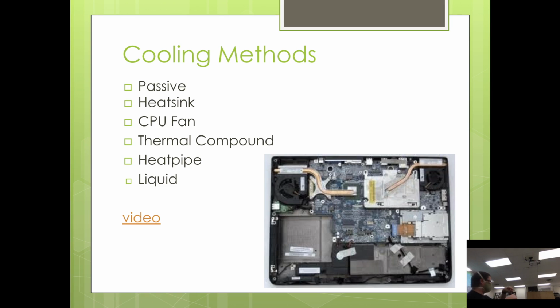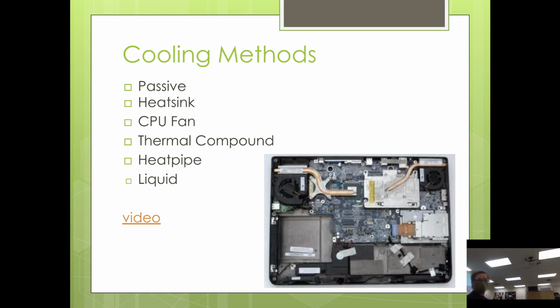It has all those little fins in it because that gives you lots of surface area for heat to be transferred away from the processor. And then on top of that, we bolt a fan to draw cool air around all those fins and blast the hot air away. We also have a second fan in our case to pull the hot air out of our case and replace it with cool air as well.